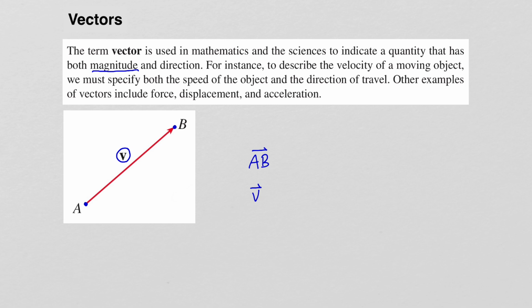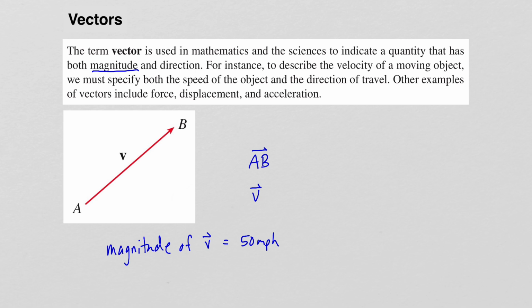So for example, if this vector here represents a car traveling in a particular direction, and let's say the car is moving 50 miles per hour, we would say the magnitude of vector V is equal to 50 miles per hour.